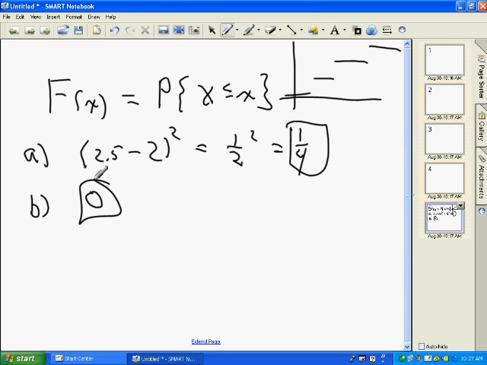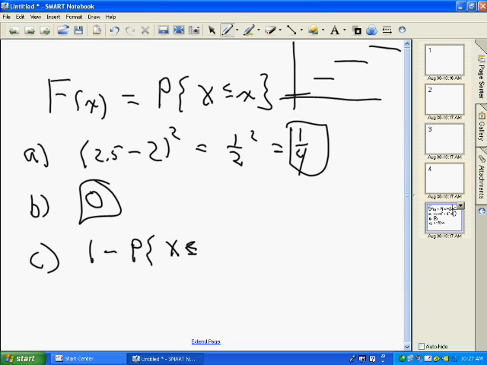Part C. Notice that the random variable is never above 3. So part C is equal to 1 minus the probability that X is less than or equal to 2.5.